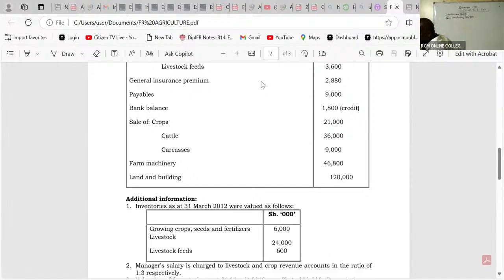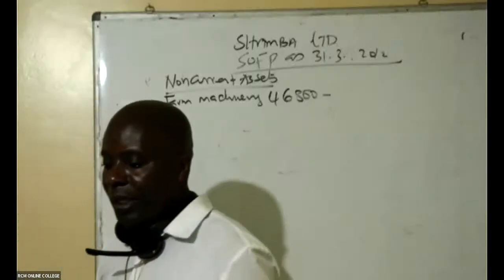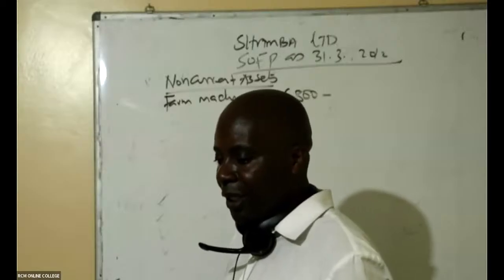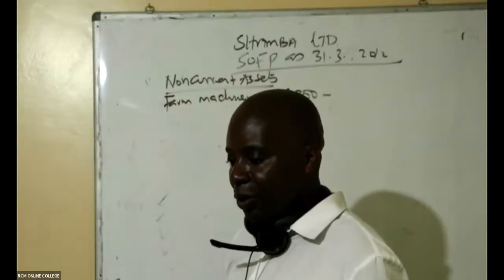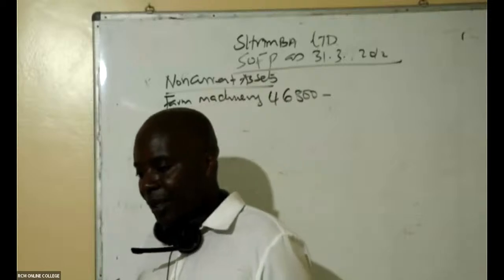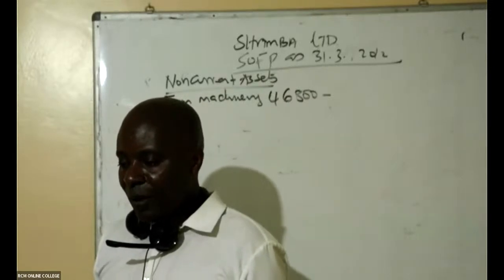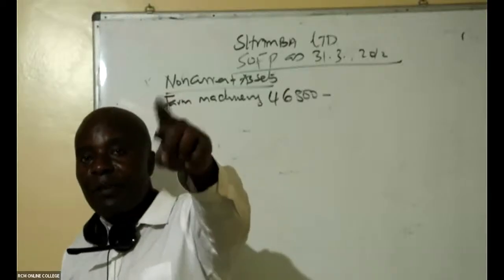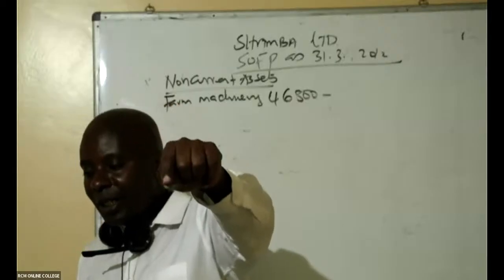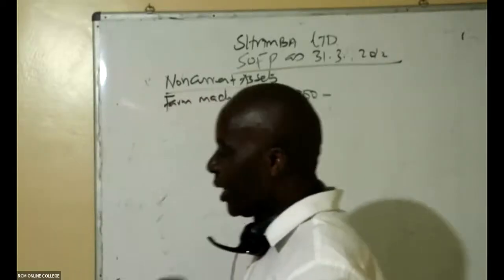Are you able to remember the farm machinery depreciation? How much? From the income statement, we have that farm machinery depreciation, yeah, 9,360.